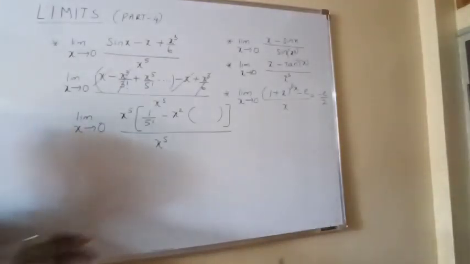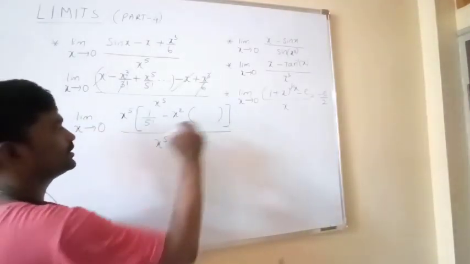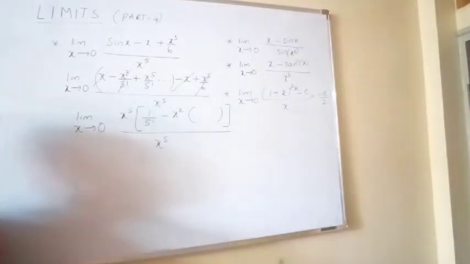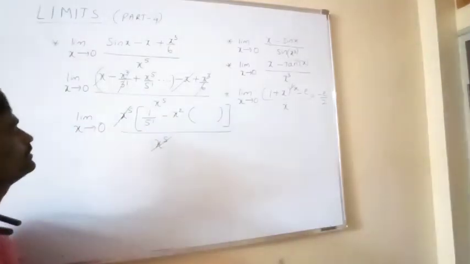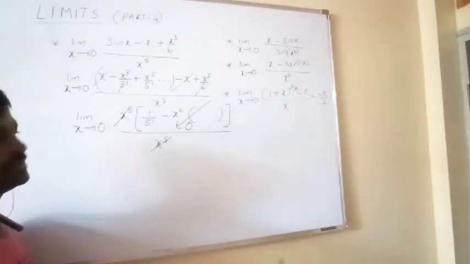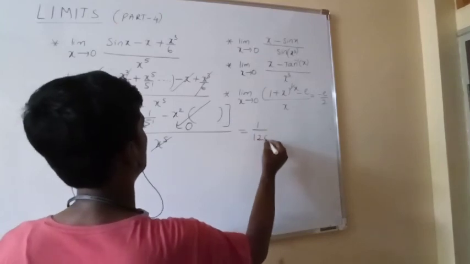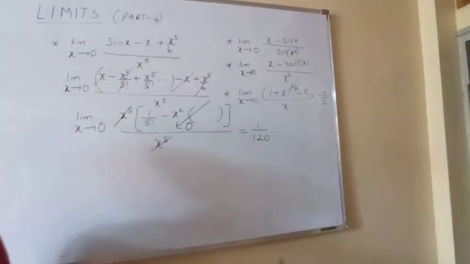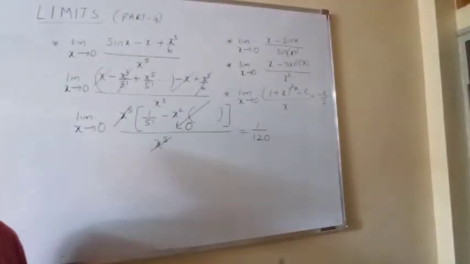So in the remaining terms, other than the first term, you can take x square common. So x power 5 gets cancelled. Apply the limit. So this value becomes 0, because x is tending to 0. So what is the answer? 1 upon 5 factorial. The value of 5 factorial is 120. So the answer is 1 by 120.